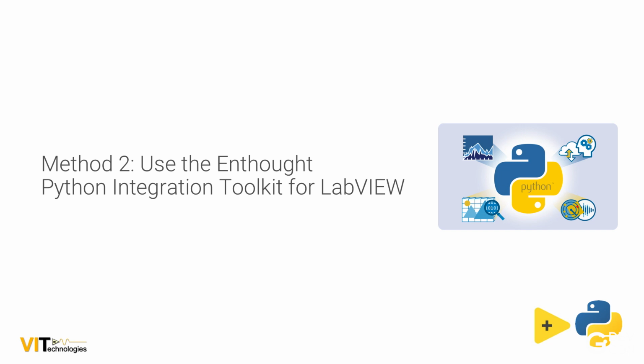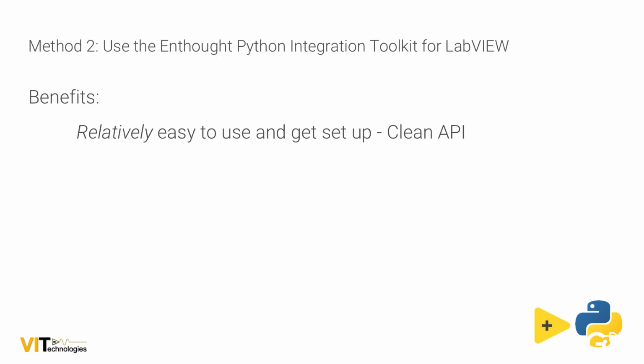Method 2. This is something that I played with a bit, and in my demo I'm using it. It's the NI Python integration toolkit for LabVIEW. It's pretty easy to use and set up. It has a pretty clean API, which I'll show you in a minute. It has pretty good data type support. So depending on if you want to use different arrays and stuff, you're not converting everything from a string, which is great.